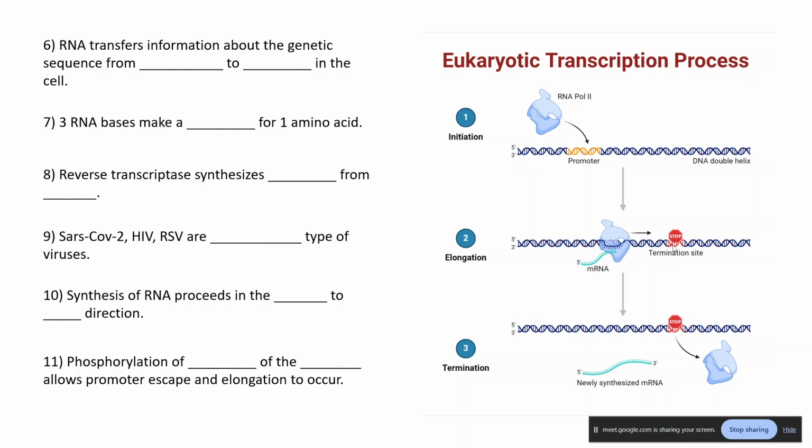And then it reaches a termination site, and that's when the synthesized mRNA can be ejected, and this RNA pol also comes off. So that's just a very simplified form of it. I'm sure you guys will read more about it in upcoming course material.